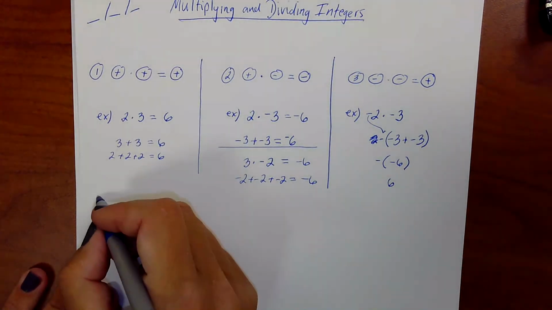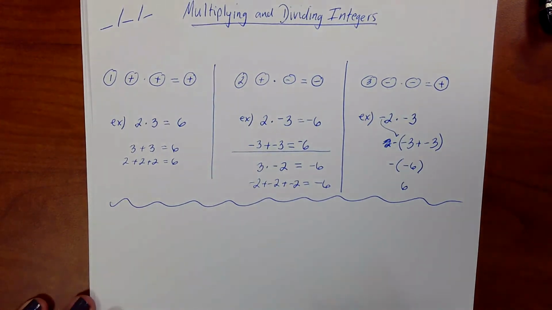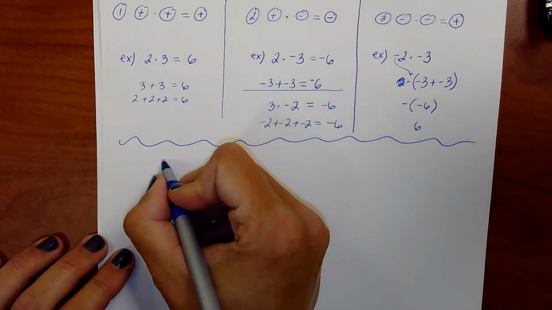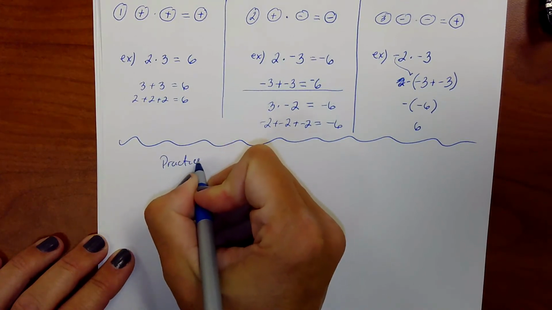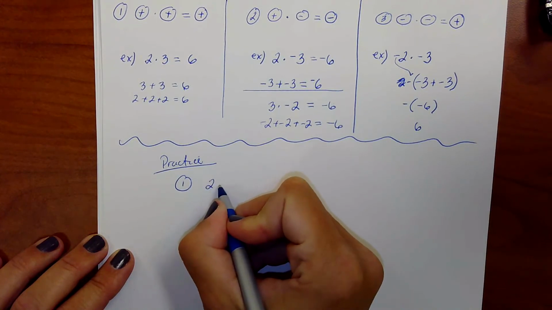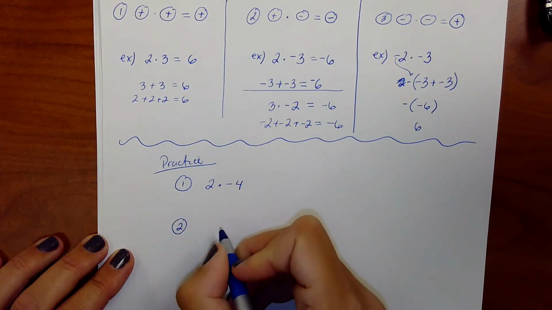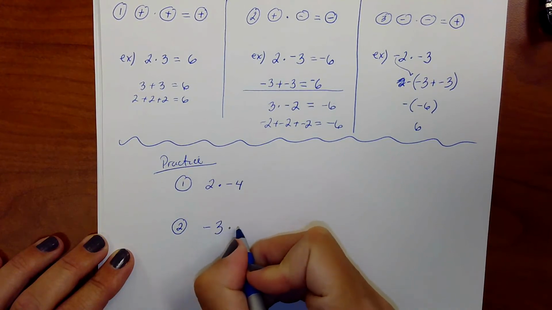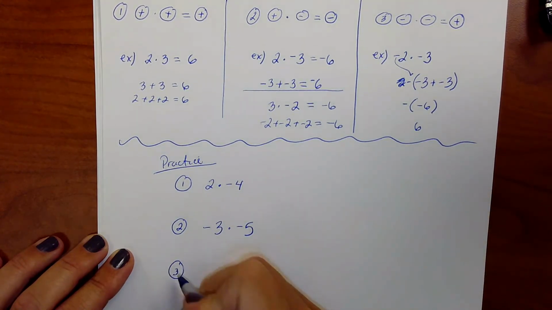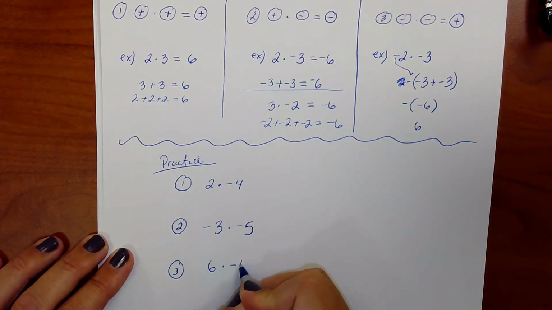All right? So let's just mix up some practice here. And we'll keep the rules there. All right, so practice. I'll put 5 problems down, and you guys can try them. 2 times negative 4, negative 3 times negative 5, 6 times negative 1.